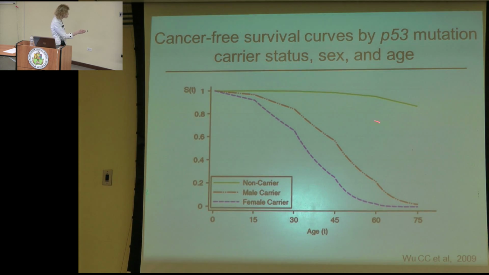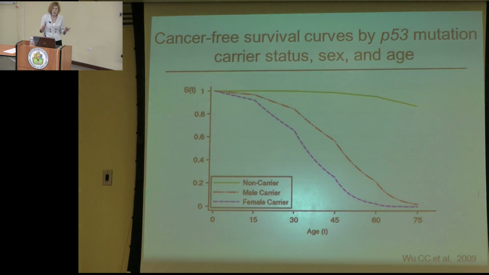These are from our p53 mutation families, and these are the data for males, and these are the data from females. And you can see that there's a significant difference in the age of onset here. And for example, the median age of onset in women was early 30s, whereas for males it's significantly later, over 45, approaching 50.